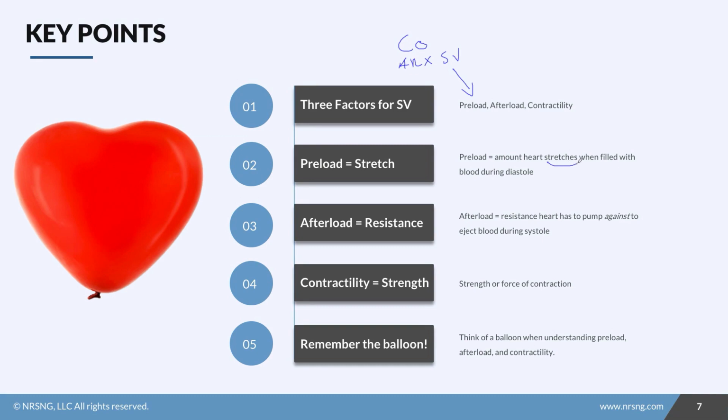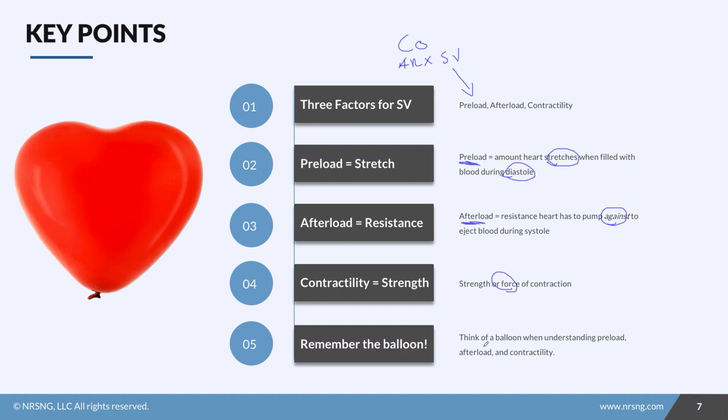Preload is the amount that the heart stretches when it's filled during diastole. Afterload is the resistance the heart has to pump against to eject blood during systole. Okay, I really want you to remember the difference between these two and what these two really are. Now, contractility is the strength or force of that contraction, how hard it's squeezing blood out.